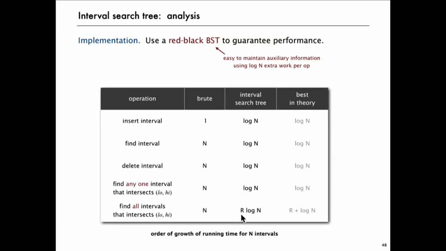So it'll take time proportional to r log n if there are r intervals that intersect. The theoretical best that you could possibly do would be r plus log n, but in practice r log n is quite efficient. This is an easy and very efficient algorithm to solve this interval search problem. And as we'll see, this algorithm is applicable to an important application that we'll see in a minute.